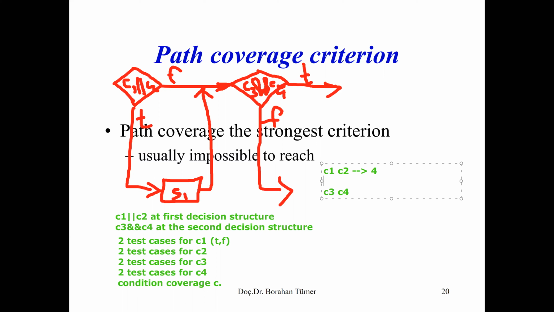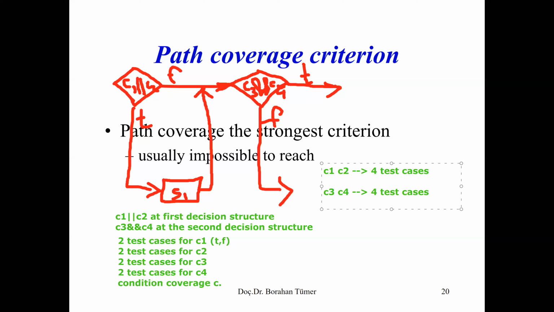And at the second decision structure, we have another set of two predicates. For this one, four test cases at most, maybe better, but four test cases, because we have four different combinations of truth values, which is equal to 2 to the power of 2. And for this, another four test cases. So add them up together.